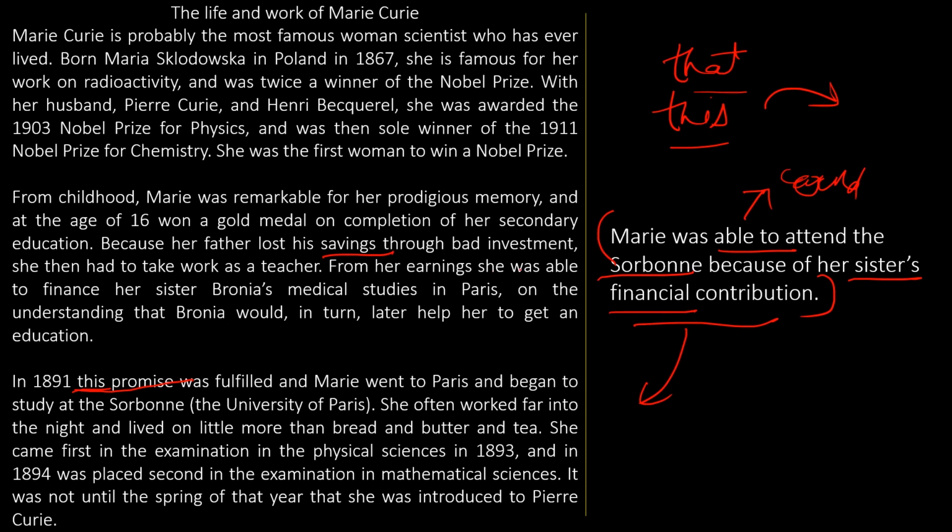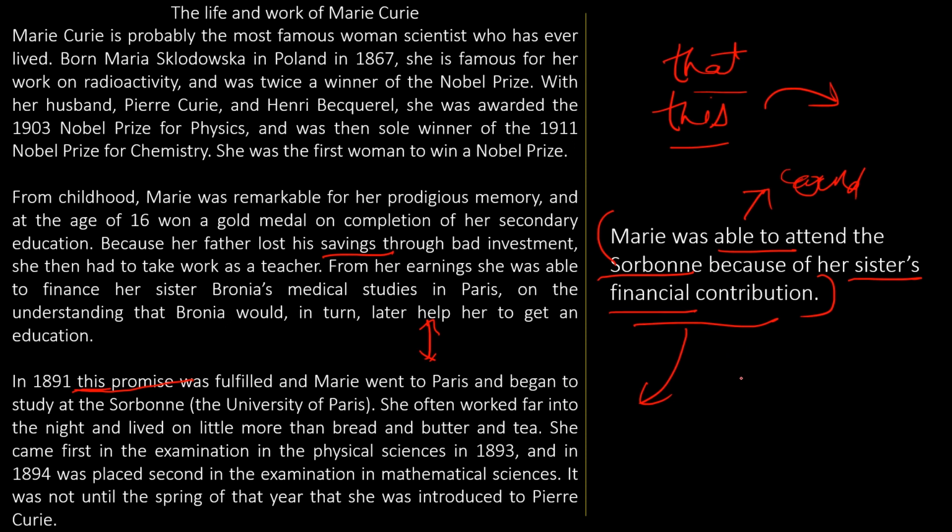From her earnings, she was able to finance her sister Bronia's medical science studies in Paris on the understanding that Bronia would in turn later help her to get an education. Right, you see that? She is going to later help her, and this promise was fulfilled and Mary went to Paris. You see that? The connection between here and here: her contribution actually helped.